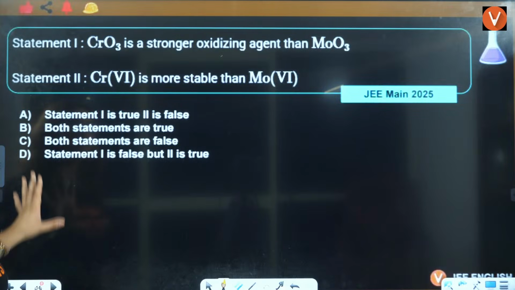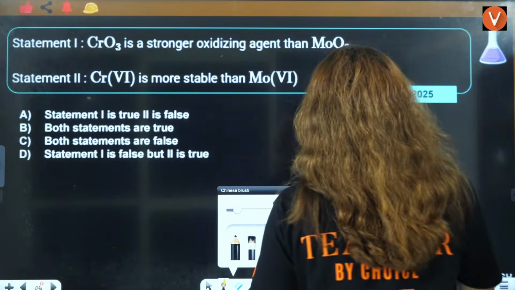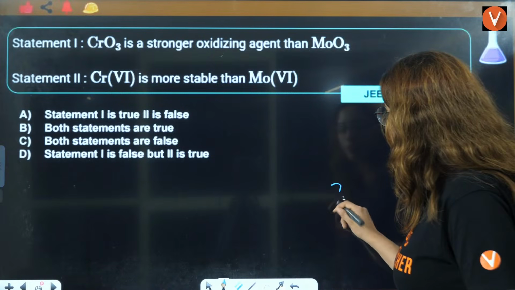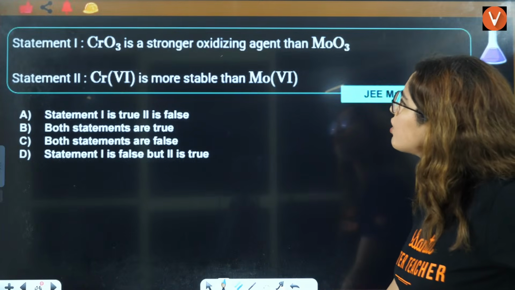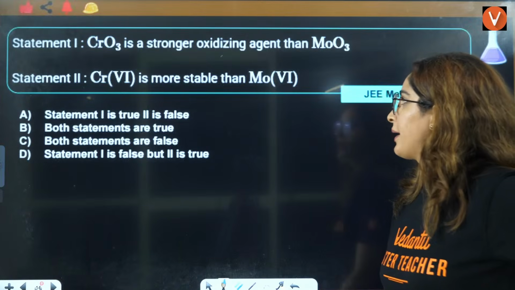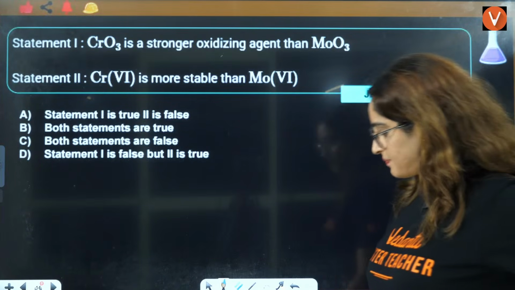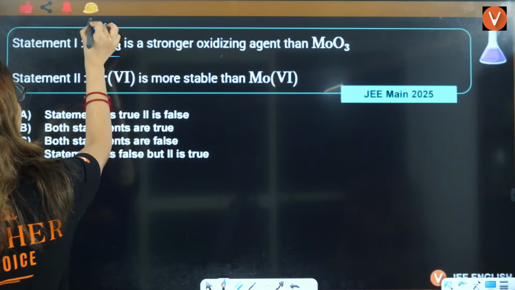Now let's see this. Before that, let's do this question and then understand electrode potential to understand the disproportionation, right? So here the statement is CrO3 is a stronger oxidizing agent than MoO3. Okay, if you see this, CrO3 is existing in +6 oxidation state.